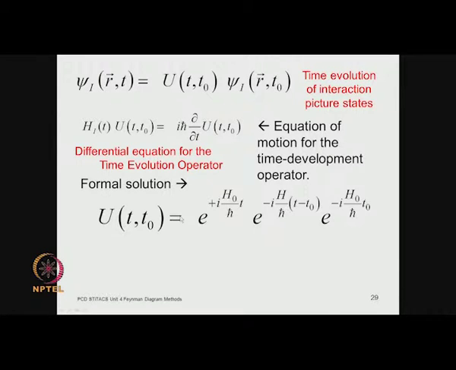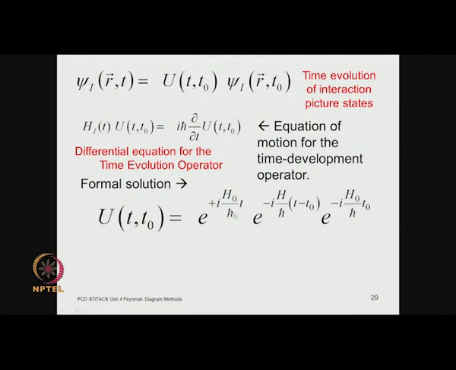So, we had the equation of motion set up for the time evolution operator, and we have a formal solution in which the Hamiltonian appears in these 3 locations, here as H0, which is the soluble part of the Hamiltonian. Here we have the full Hamiltonian, and here again we have the soluble part of the Hamiltonian. So, the part which is missing in H0 is the one which is generating correlations, and that is not amenable easily to perturbation theory, which is why we need many body techniques to handle that.